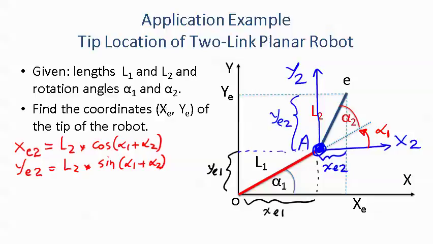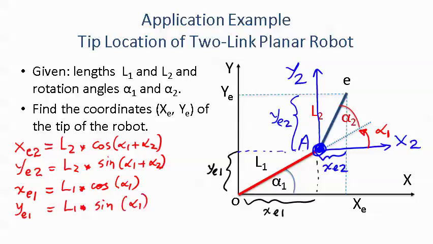Let us find now XE1. XE1 is equal to L1 times cosine of angle alpha 1, and YE1 is equal to L1 times sine of alpha 1. Notice here that we applied the sine and cosine definitions, and I skipped the first step because we've seen it multiple times.